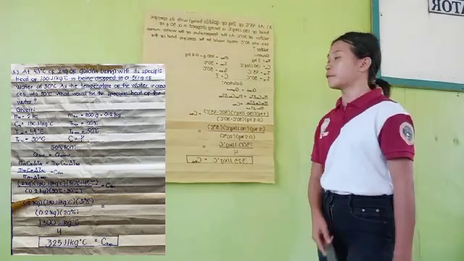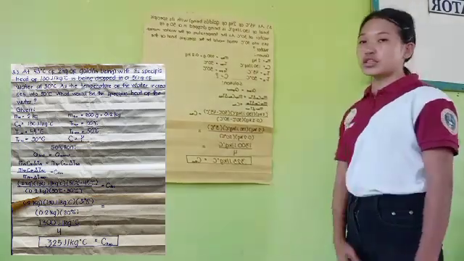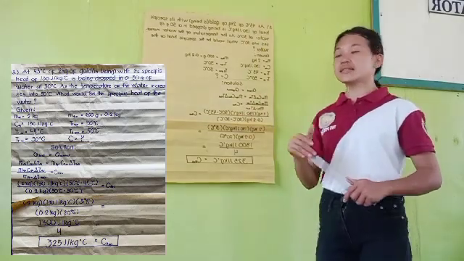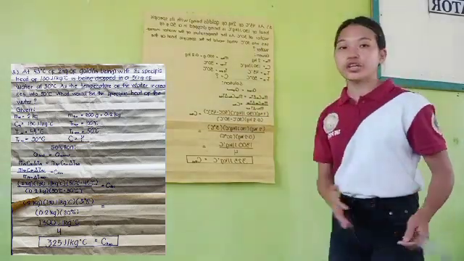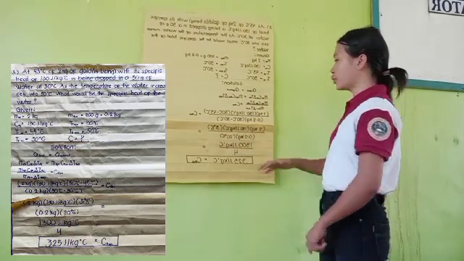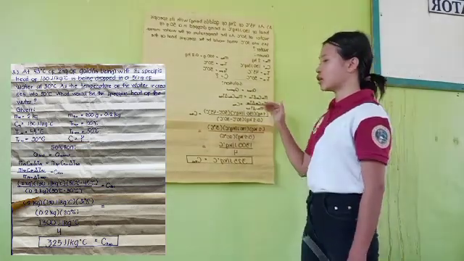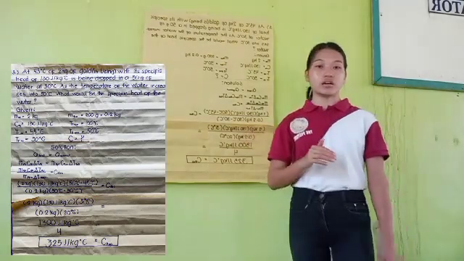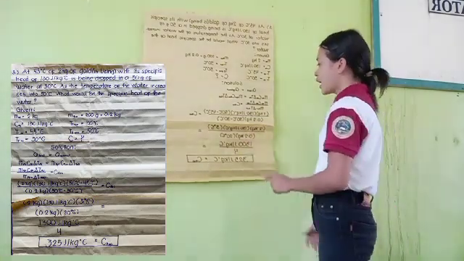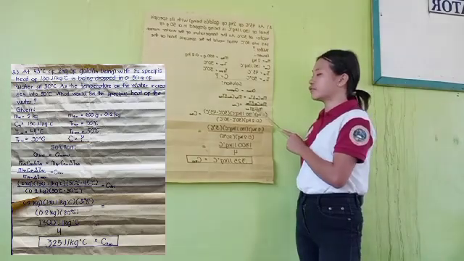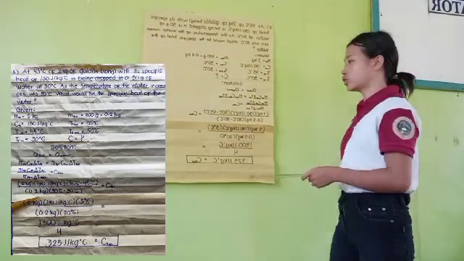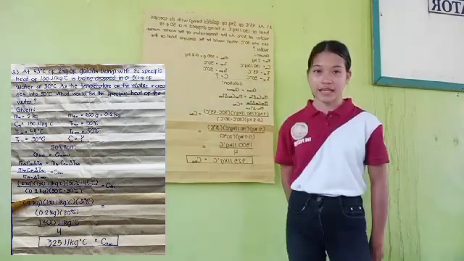So solution. Q loss equals Q gain. Since gold is the one that loses and water gains, we have MC delta T of gold is equal to MC delta T of the water. MC delta T of gold over M delta T of water is equal to the specific heat of water.